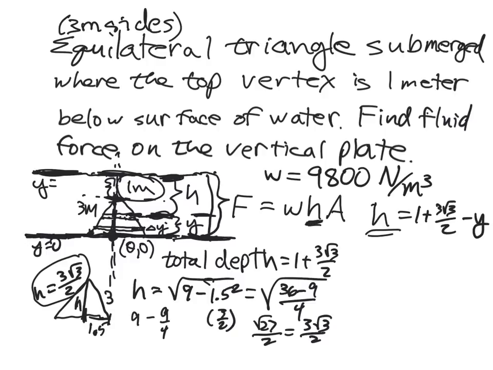Okay, so we've got W, we've got H now. Which one is the W? Oh, the W is that because it's... Yep. In the metric system, it'll be 9,800 newtons per cubic meter. Now, it's going to be a different value if it's in some other units, like erg.